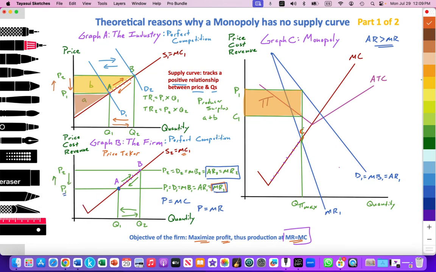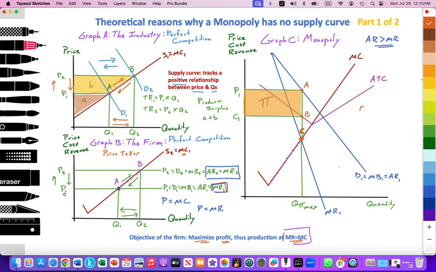So we have point C, which is the equilibrium for the monopolist, where MR equals MC. They're maximizing profit. And here we have point A and point B being the costs of production. So here we see that there's something different happening.